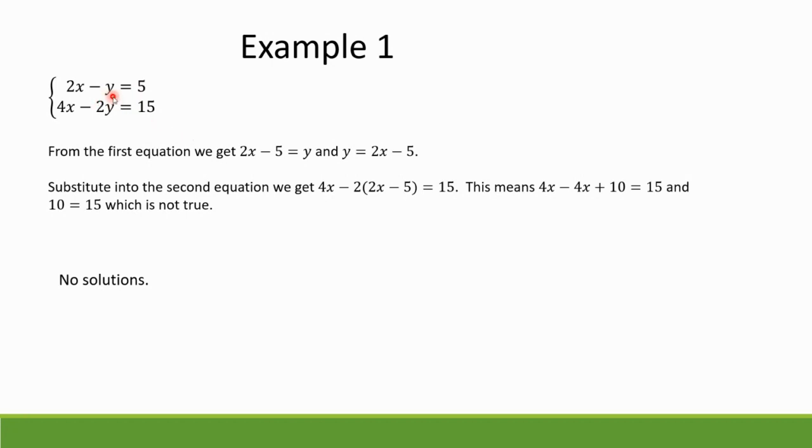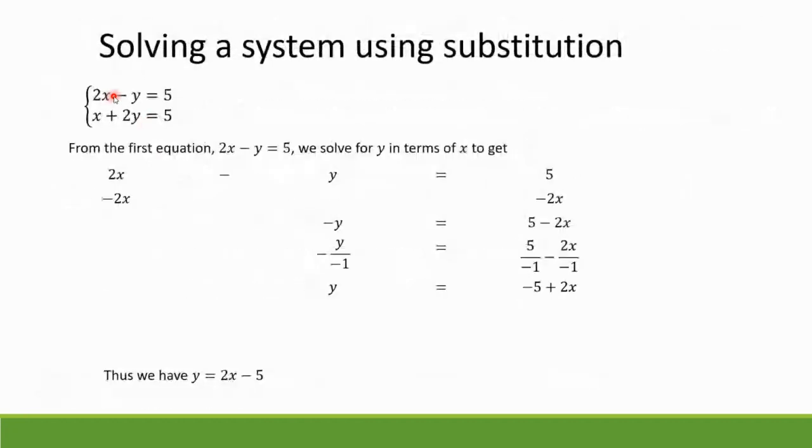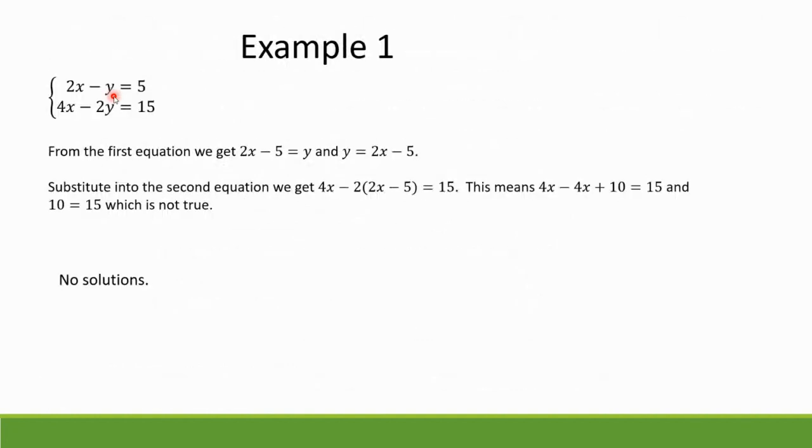Just by basic algebra, and just like the previous example, the 2x minus y equals 5, you get y is negative 5 plus 2x. Same thing over here. We get y equals 2x minus 5. And then by substitution, you're going to plug that back into the second equation, okay?